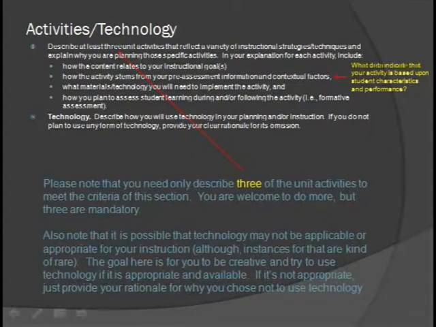If you don't have the necessary technology, if it's not common to the schools, then say that. But you will need to have a good rationale for why you're not using technology, because in schools today, the use of technology is a given.